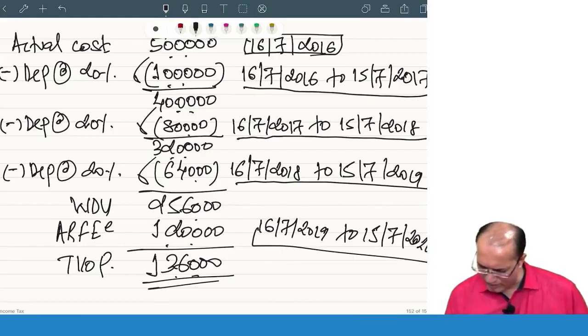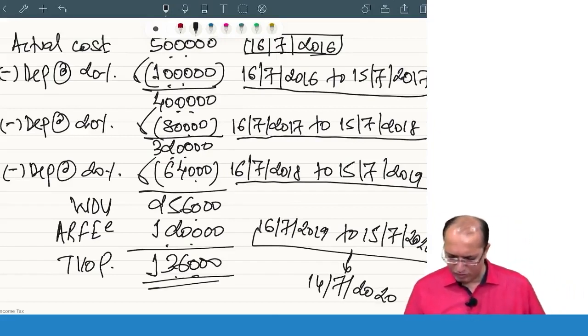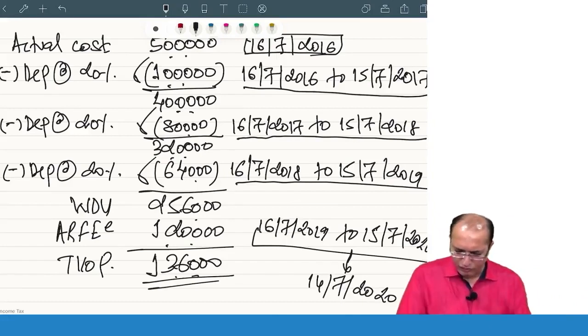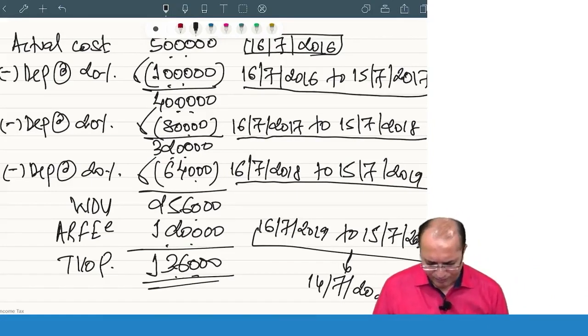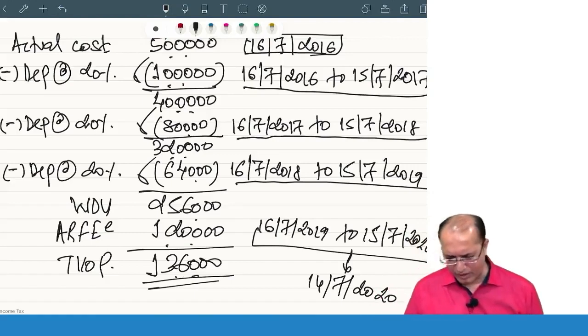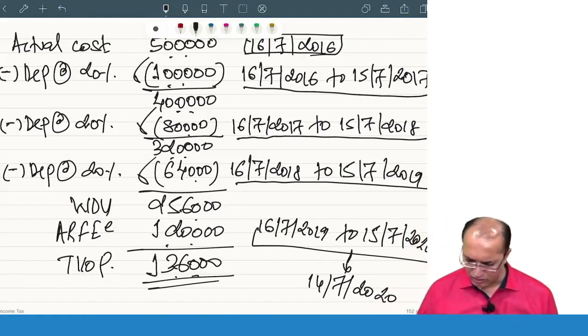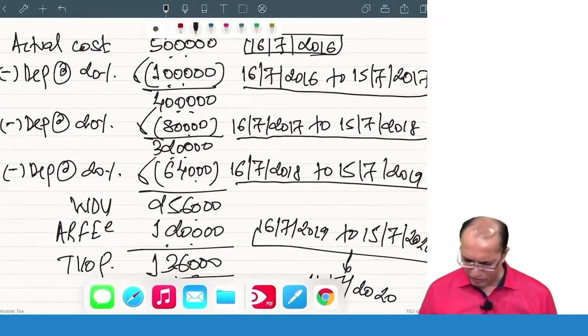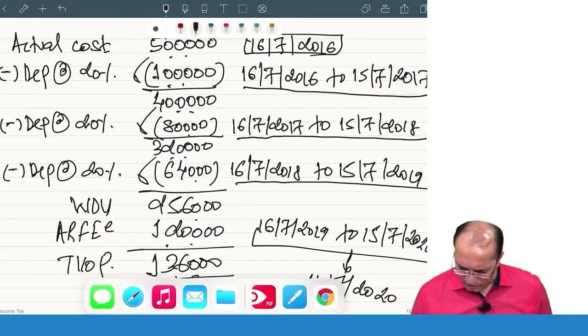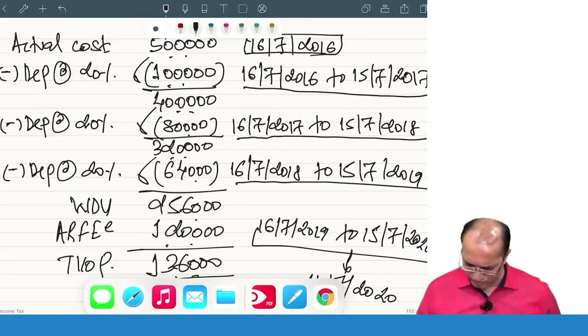but you have transferred the asset before this date. The asset was transferred from employer to employee on 14th July 20. So it is transferred before completion of the year. The fourth year is not complete, and we have to take depreciation only for completed years. This year is incomplete. Part of the year should be ignored.